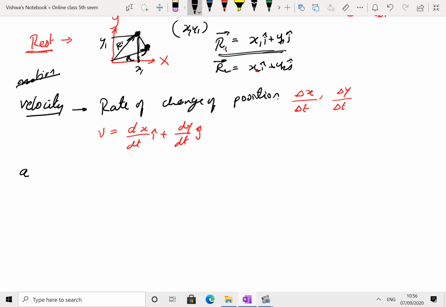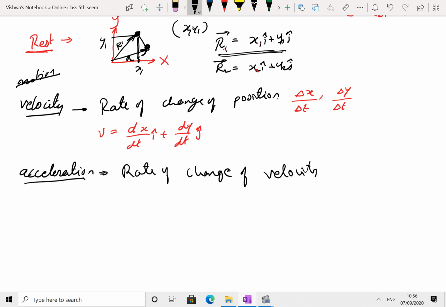Next, acceleration. What is acceleration? Acceleration is the rate of change of velocity. Velocity is v. The change of velocity I will take as delta v, divided by delta t.